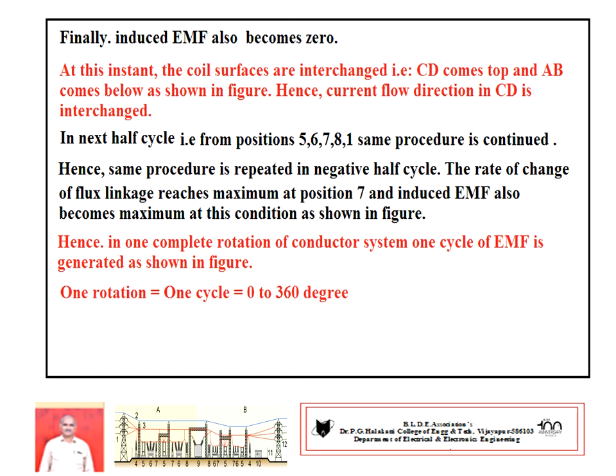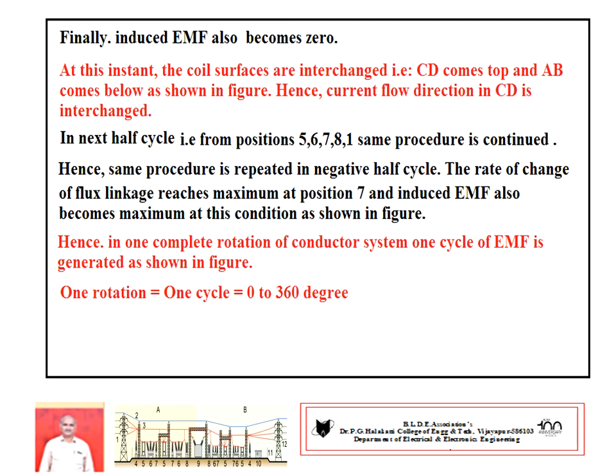Finally we come to the conclusion that in one rotation of the conductor system, one cycle of AC is generated. Once again, one rotation means the starting point, position number 1 or 0 degree, coming to 360 degree, that is positions 1, 2, 3, 4, 5, 6, 7, 8, 1.